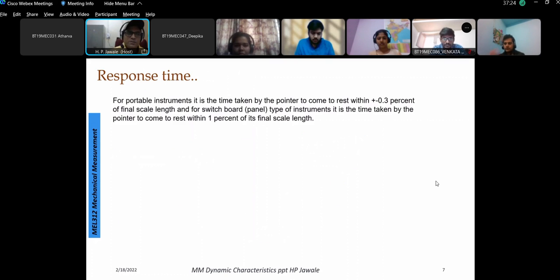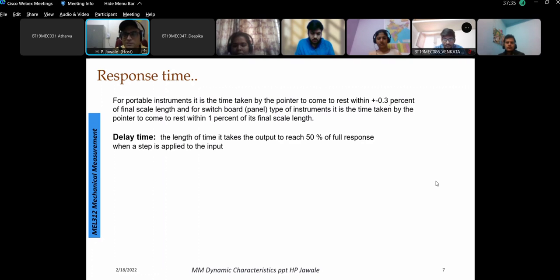The response time is different for different elements. For example, if the instrument is handy, that is a portable instrument, it is taken as plus or minus 0.3%. So when the output displayed by the measurement system with respect to the true input is within plus or minus 0.3% of the value, the time taken is taken as the response time.